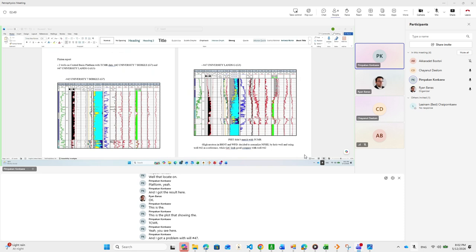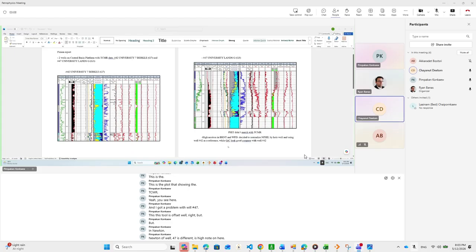These two wells are offset wells, right? But the neutron of well 47 is different. It's high neutron here, at the Barnett zone.